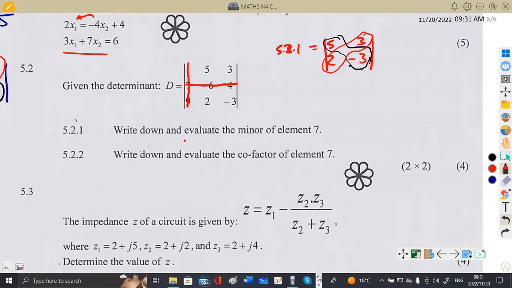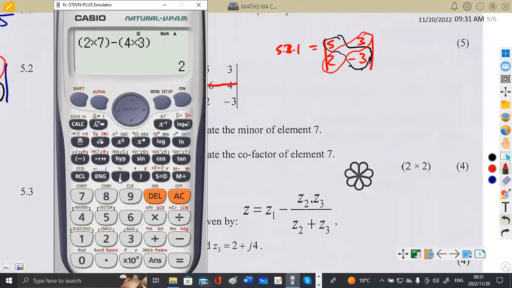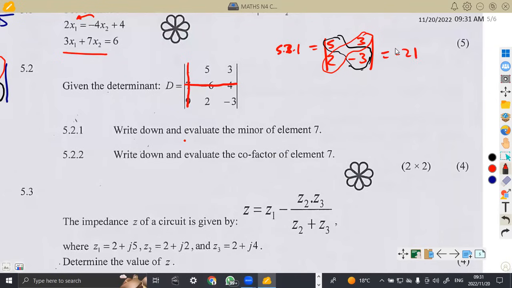I think this one is now clear. So 5 times negative 3 minus 3 times 2, that's negative 21. So that is the determinant, which is the minor. So it's negative 21.